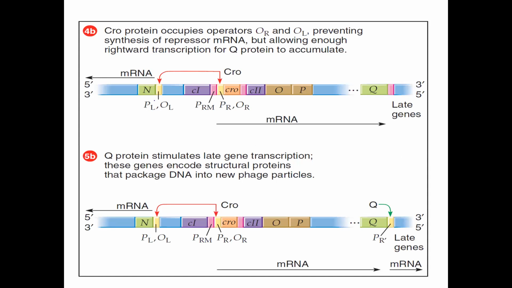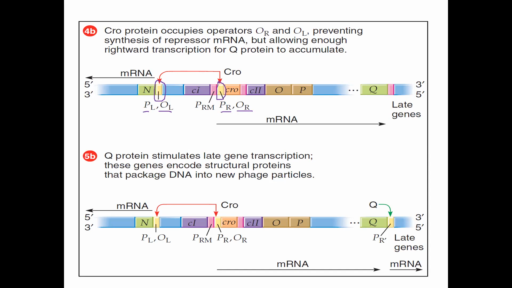So this operator left, here C1 was occupied, operator right, here also C1 was occupied or sitting, but because of UV light and change in the function of REC-A, C1 cleaved itself, C1 is not here now, operator left, operator right are free. So are promoter left and promoter right. So you can see PL and PR again yellow in color.